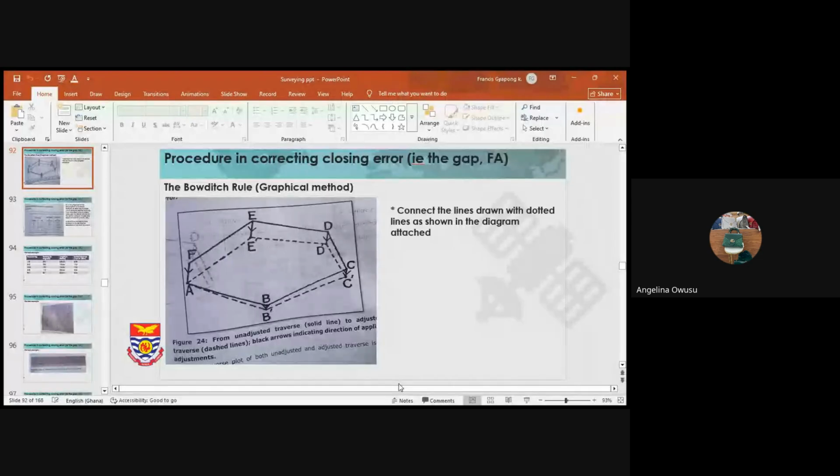As I said, the gap is not supposed to be too big. 1.1, 1.2. Other than that, it should be in decimals. All right. So you have to relook at it.